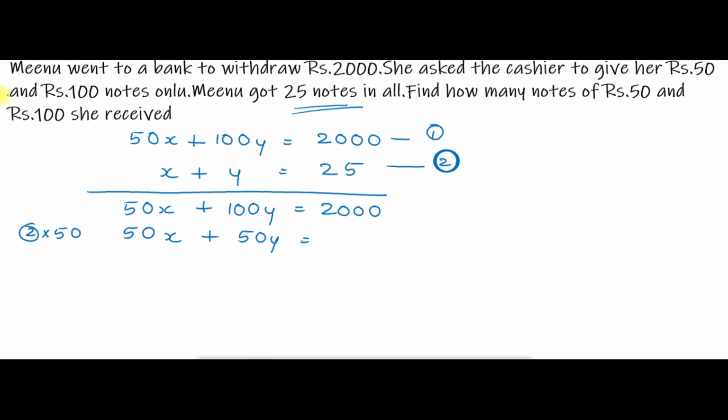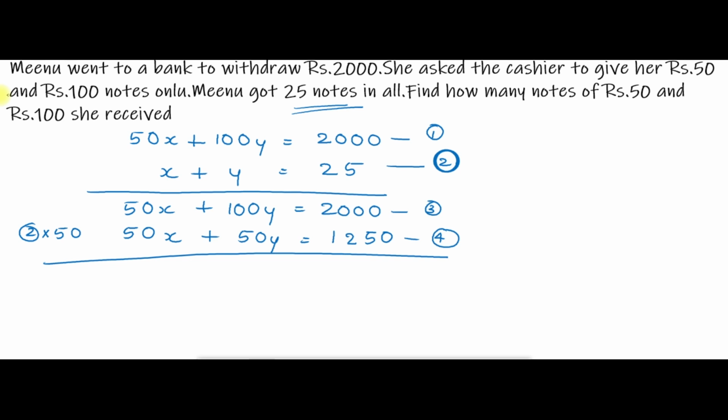That is equal to 25 into 50, which is equal to 1250. So here, subtracting equation number 4 from equation number 3.